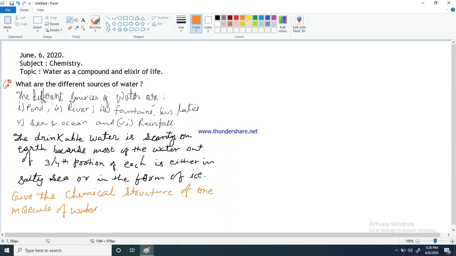You can number it also. Number 1, this is the question, then number 2, and then I can write the answer with again a different color.